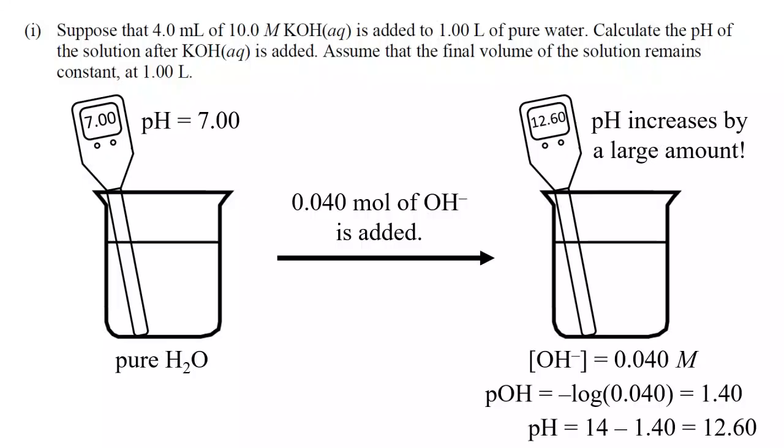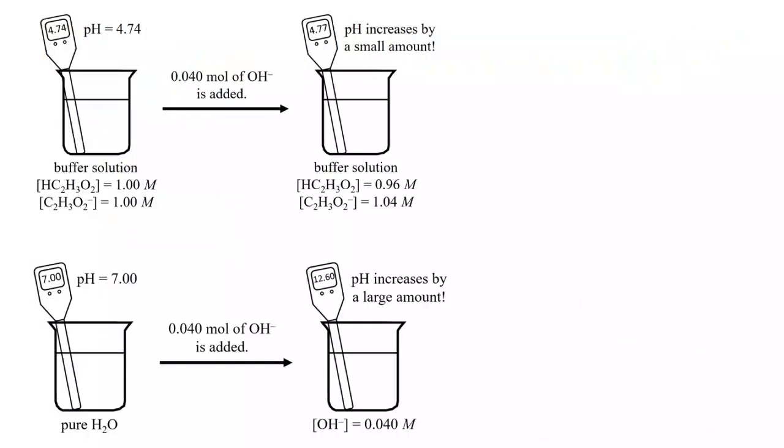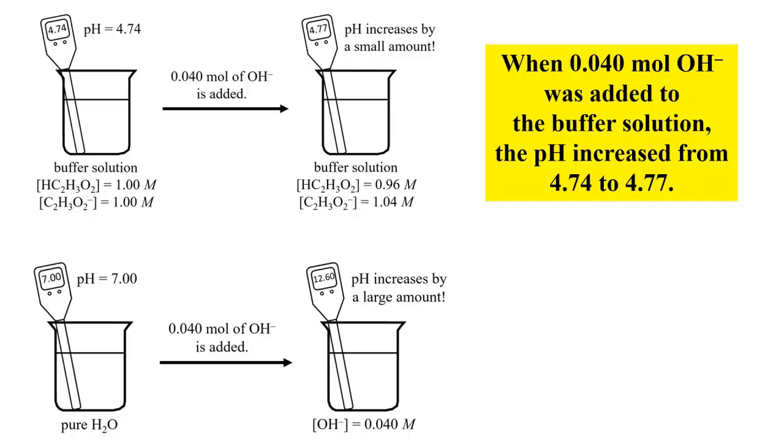And just like I did before, I'm going to go ahead and summarize on this slide what happened when we added a small amount of a strong base to a buffer solution versus to pure water. So in the buffer, we had an initial pH of 4.74, and that buffer contained an equimolar mixture of acetic acid and acetate. And so it behaved as a good buffer by keeping the pH relatively constant. The pH increased only by a small amount from 4.74 to 4.77.